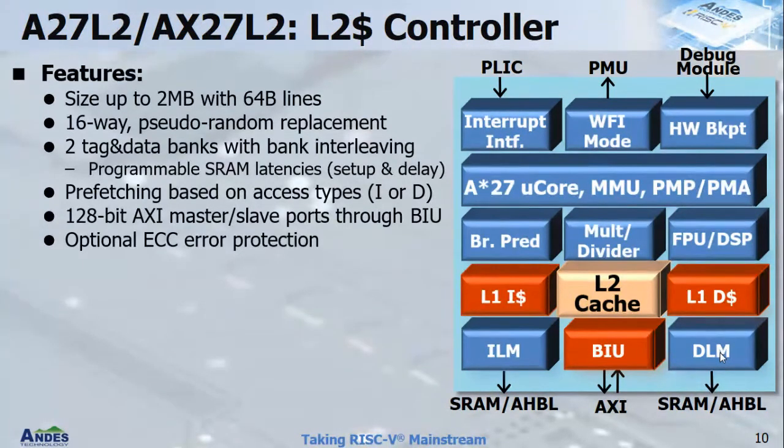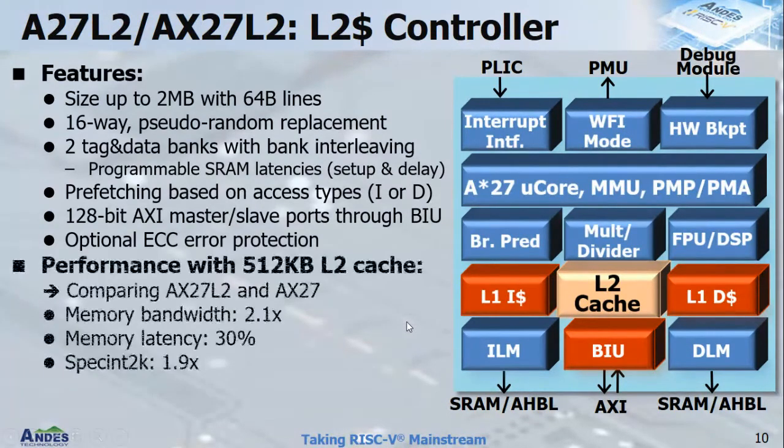It is highly configurable. For example, 2 tag and data banks, bank interleaving, and SRAM latencies can be programmed. The interface of the core is, of course, the standard AMBA. So here we have AXI. And then you have local memories for instruction and also data, and that can be pre-programmed.